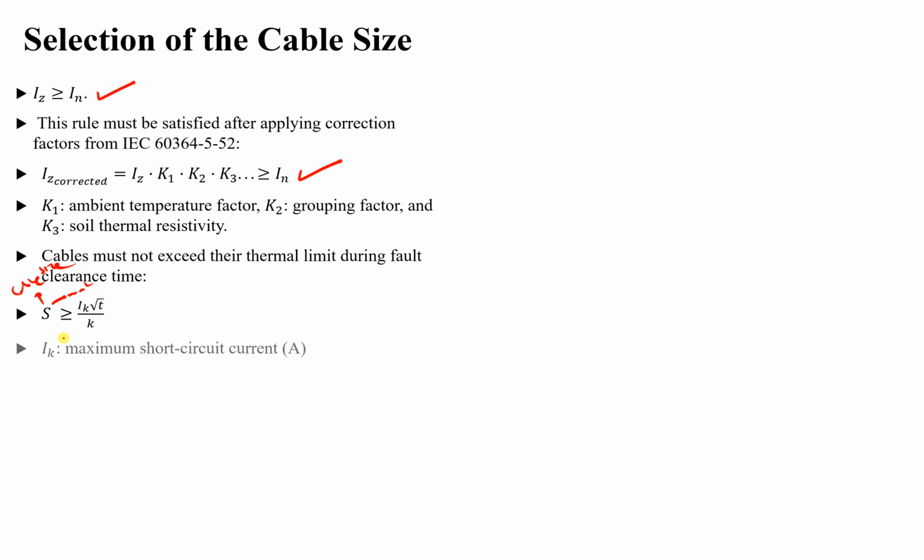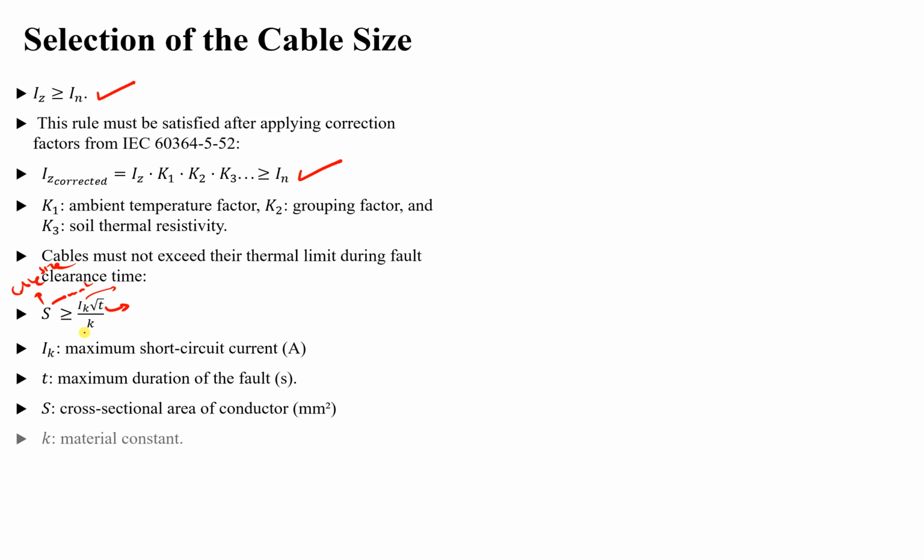So you will see that IK represents the maximum possible short circuit current that can flow through this cable, which you can obtain using ETAP. T is the maximum duration of the fault, and some references say that this is the fault clearing time. And K is a factor called the material constant, which is dependent on the material of the cable itself.